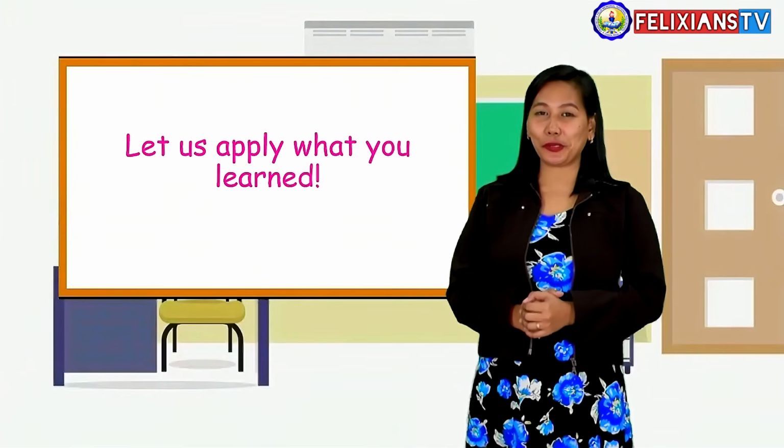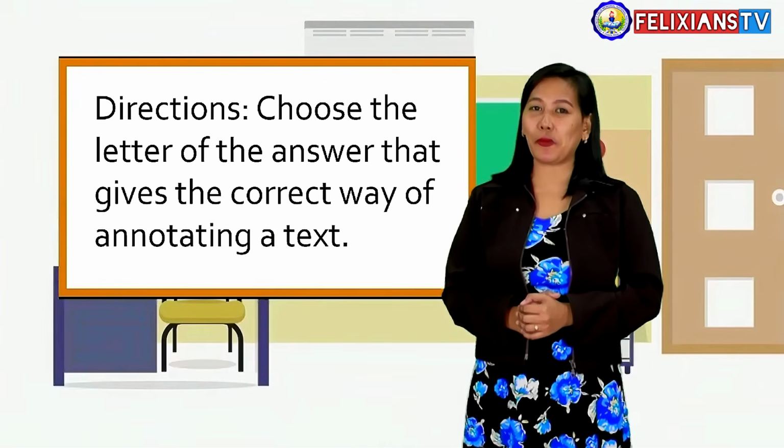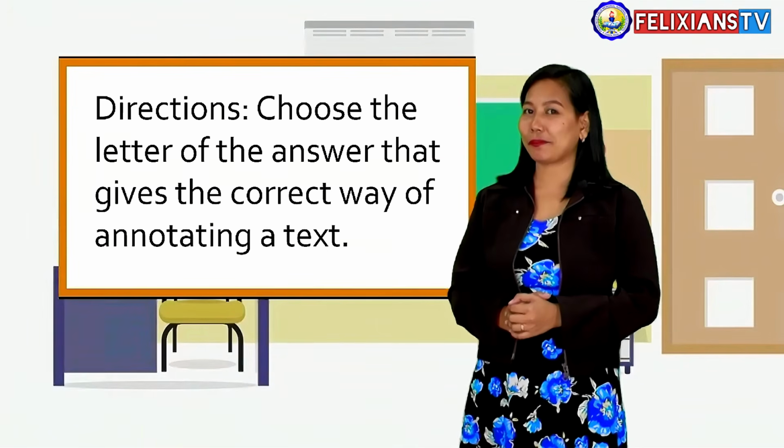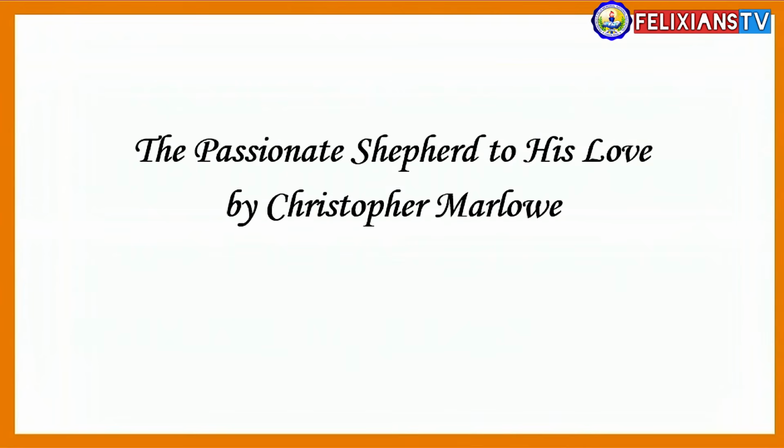What are you going to do? Choose the letter of the answer that gives the correct way of annotating the text. Are you ready? In this one, we're going to use the poem The Passionate Shepherd to His Love by Christopher Marlowe as our text basis. Number 1.